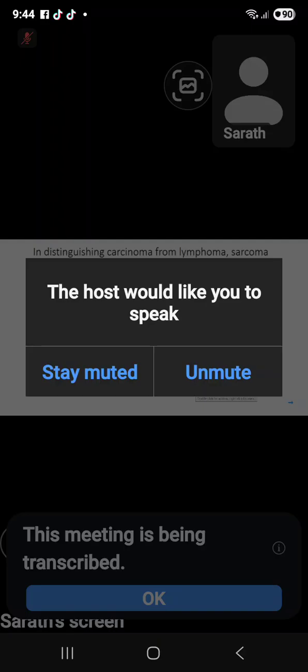Then how are you going to differentiate carcinoma from the other neoplasms? This is a little important. Carcinomas are always CK positive. CK means cytokeratin. If the cytokeratin is positive, you can differentiate carcinoma from sarcoma, melanoma, and lymphoma.